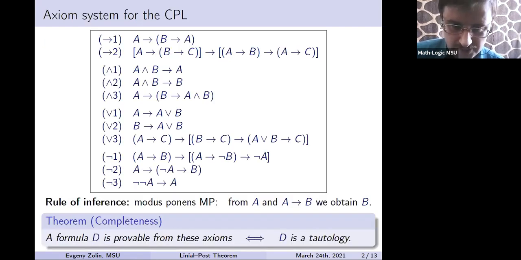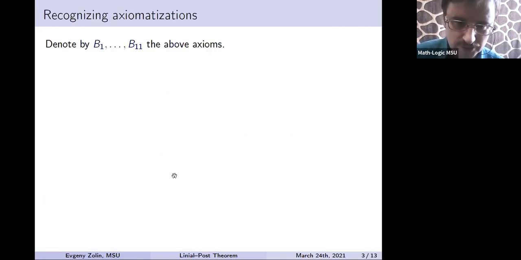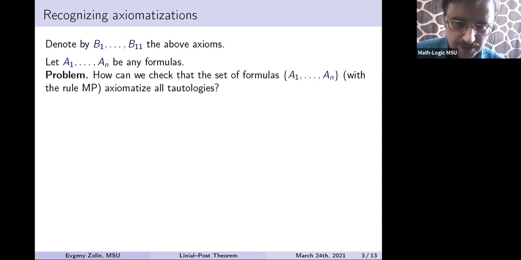The question is, if we are given other formulas, a finite number of formulas. Let us denote the previous formulas by B1, ..., B11. Now we are given a finite number of arbitrary formulas A1, ..., AN, and we need to check algorithmically whether this set of formulas, taken as schemas like on the previous slide, with the rule of modus ponens and the rule of substitution, axiomatizes all tautologies.